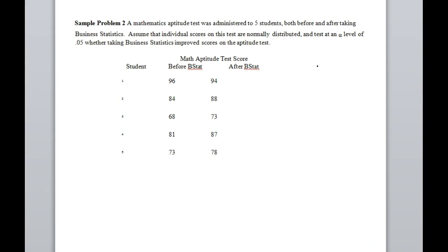So we have student 1, student 2, student 3, student 4, student 5. Sorry for the formatting, I know that's terrible. But the before stats and the after stats, and I'll go ahead and work this out.